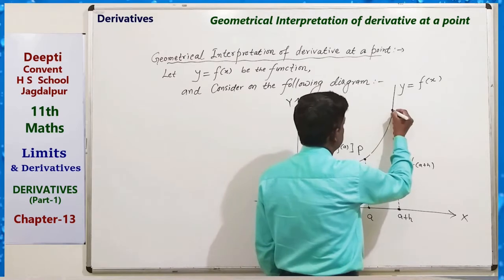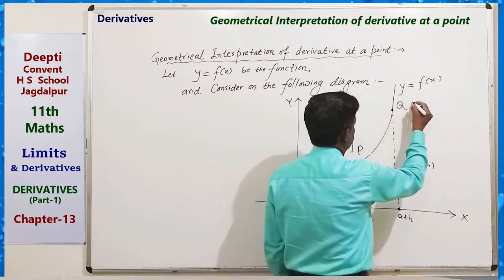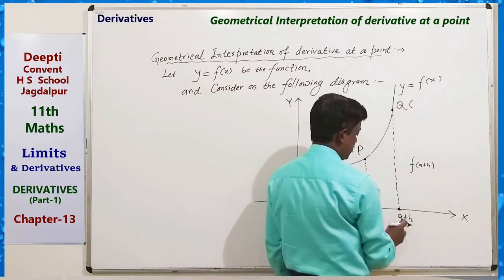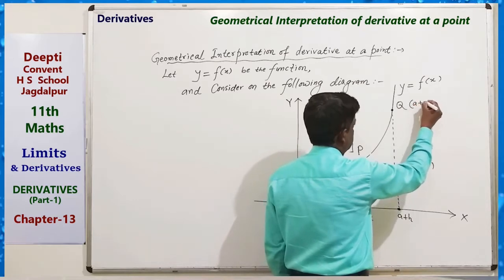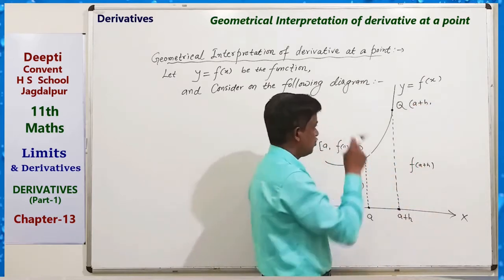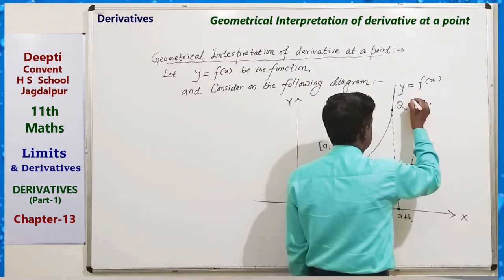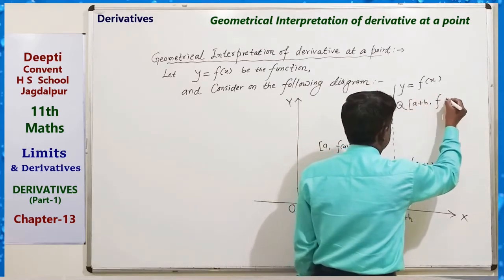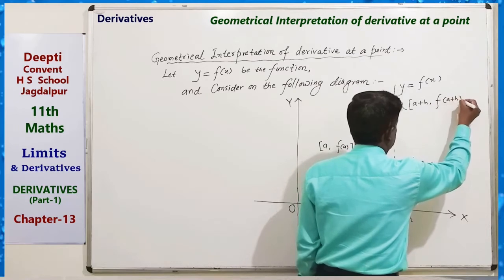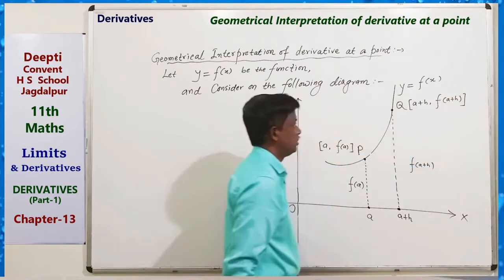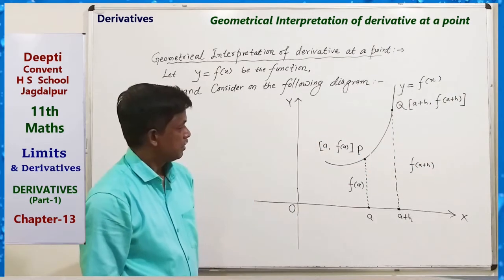So suppose this is point Q. The x coordinate is A plus h, and the y coordinate for this point is f(A plus h). This is the coordinate. Okay.